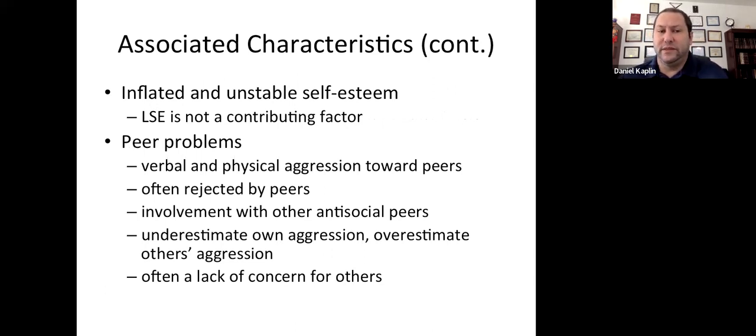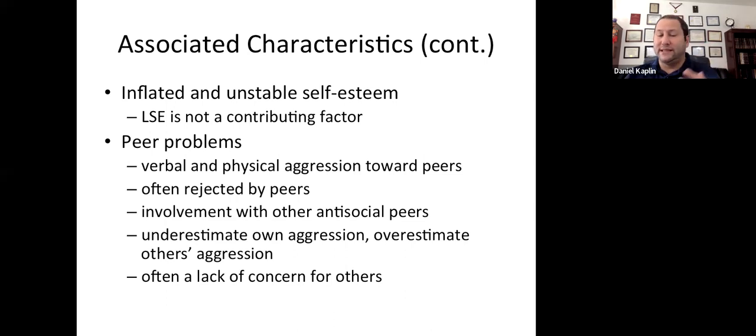Oftentimes, individuals with oppositional defiant conduct disorder have more of an inflated sense of self-esteem, but it's unstable. So that instability in the sense of self can be an issue long-term, especially when we talk about antisocial personality disorder.